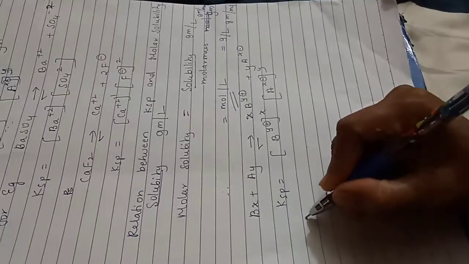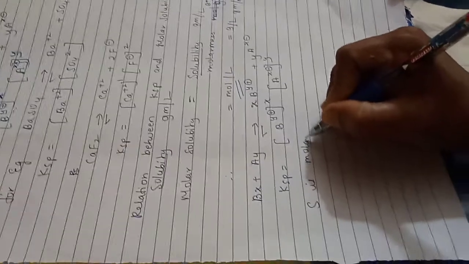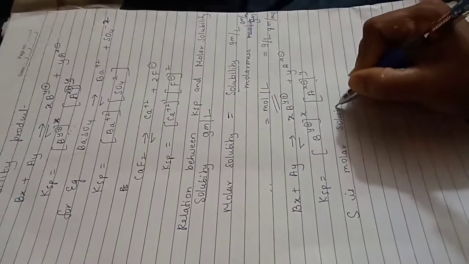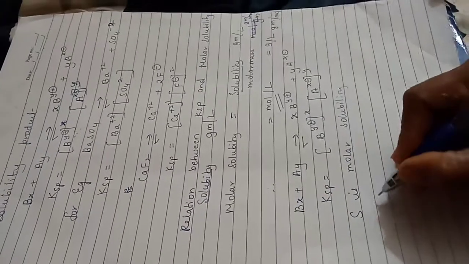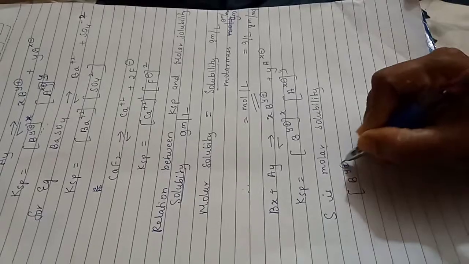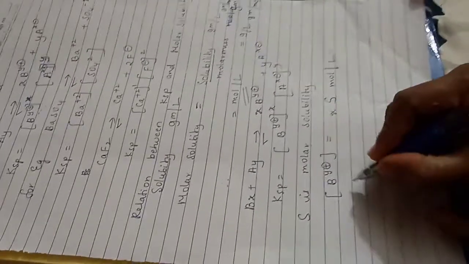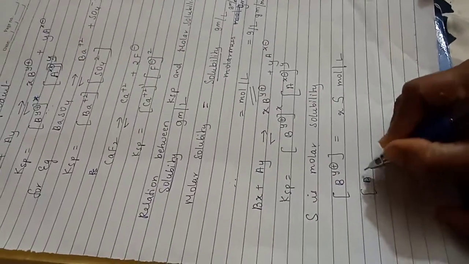Now if S is the molar solubility, then the concentration of By+ ions is obviously x times S mole per liter. Concentration of Ax- is equal to y times S mole per liter.